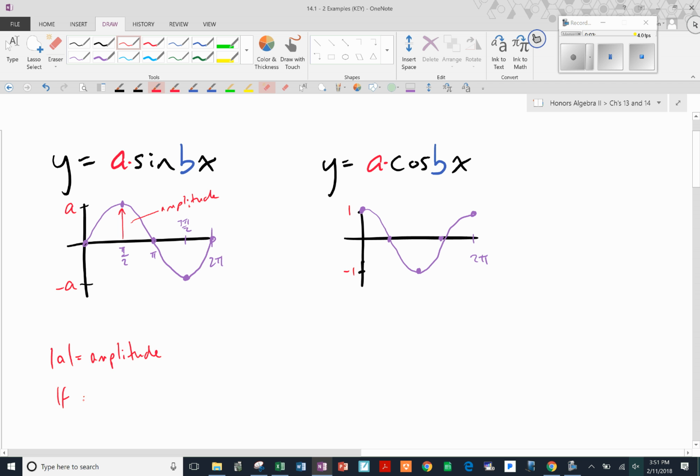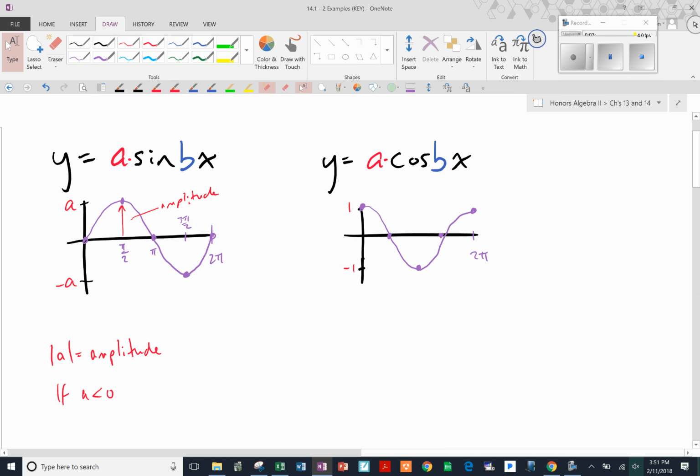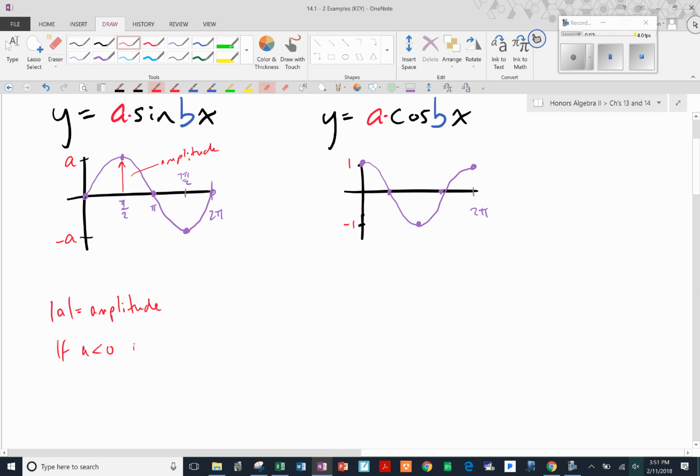If a is negative, then we have a vertical reflection, or we reflect over the x-axis. So that would end up looking like this. Basically, your minimums become your maximums, and vice versa. The midline or the x-intercepts stay the same.